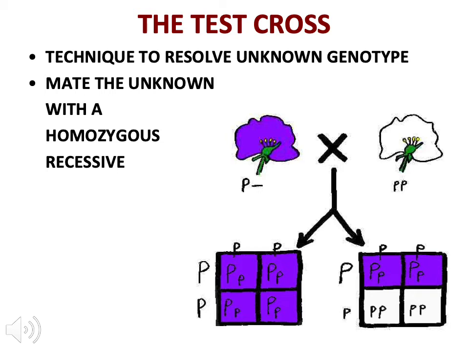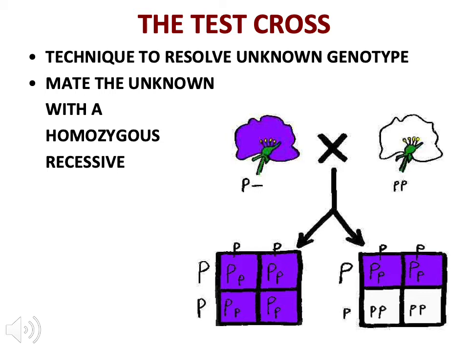So he understood that if he took that unknown plant and he mated it with a homozygous recessive, in this case a white flowered pea plant that I know is little p little p, homozygous recessive, then if the progeny or the offspring wind up being all purple, it's probably because the unknown parent plant was homozygous dominant.